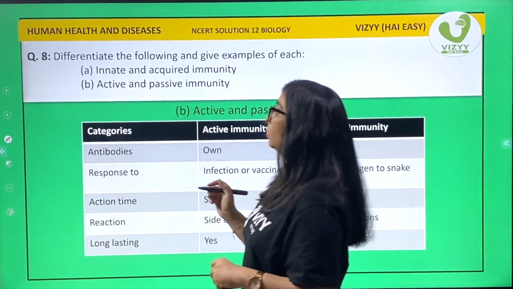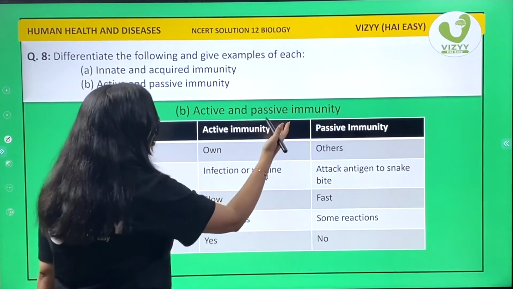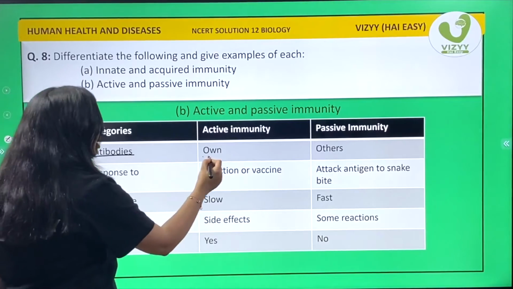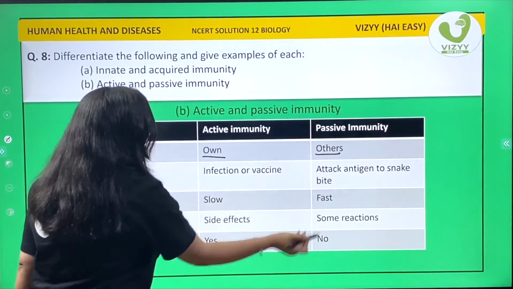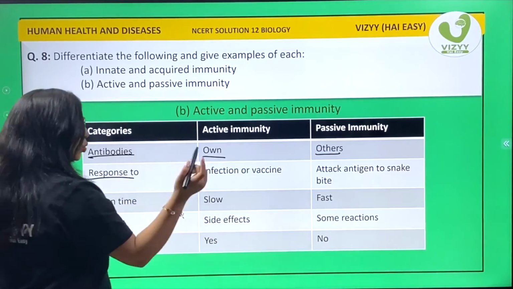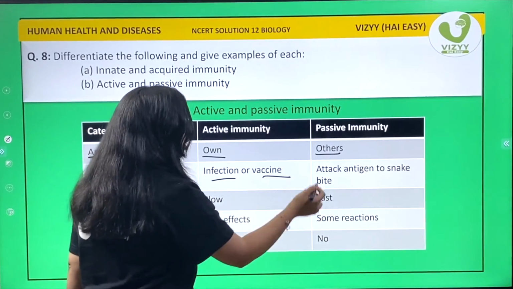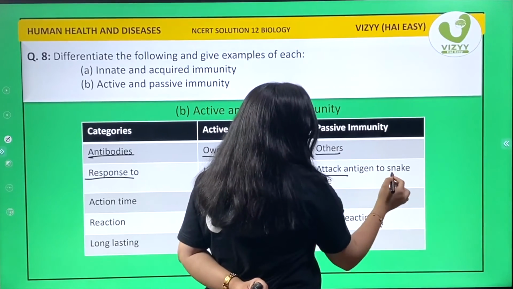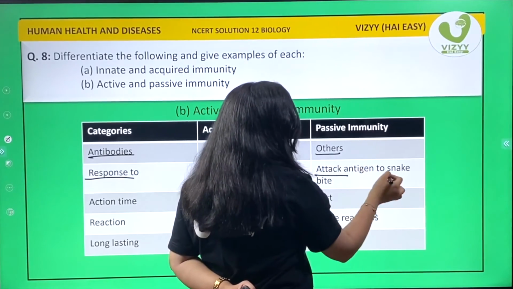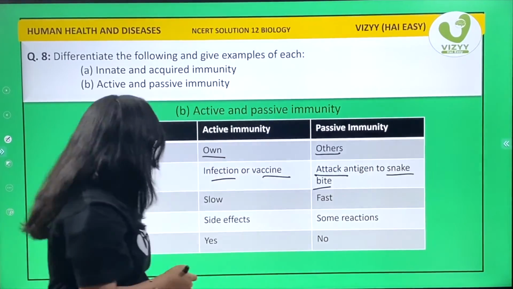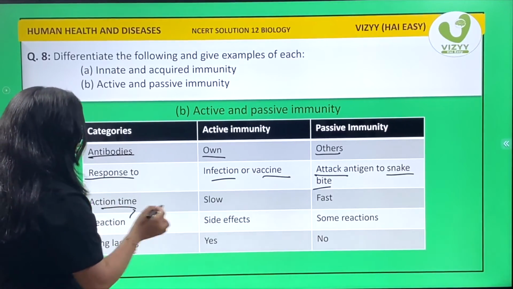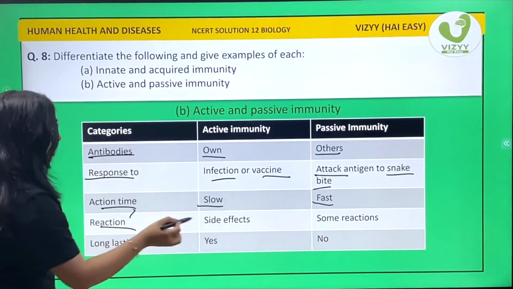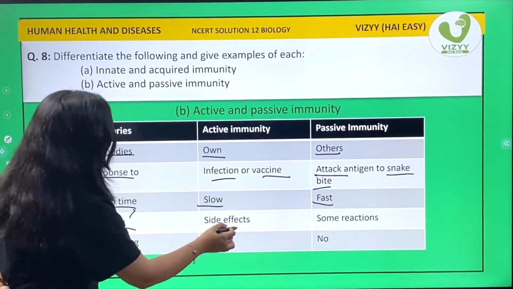So we'll write the categories and columnize active immunity and passive immunity. Antibodies are our own, whereas in passive immunity they are of others. Response to infections or vaccine, whereas this will respond to examples like snake bite and antigen, attack antigen to snake bite. Action time is slow and this is fast. Reaction has side effects.